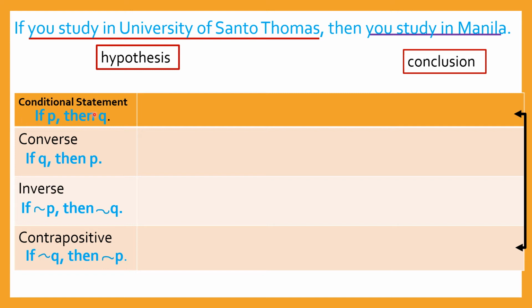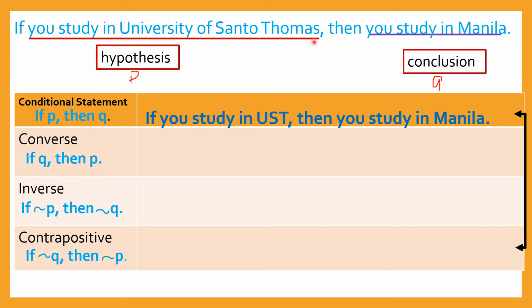Now, the conditional statement is if P, then Q. So this is the P, and this is the Q, and we're just going to put it in a conditional statement. Let's shorten University of Santo Tomas as UST.